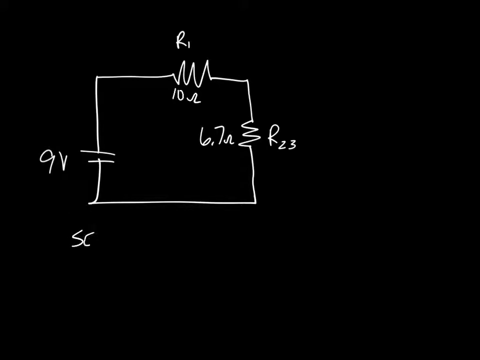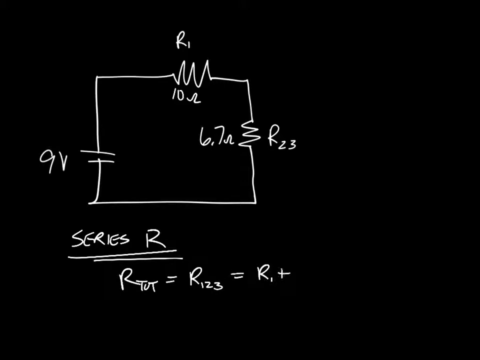And series resistance is just going to be the total resistance, which we could call R123, which will be R1 plus R23. And so that's easy, 16.7 ohms. That's that omega symbol, Greek omega, sort of like an upside down horseshoe, or whichever direction a horseshoe's straight up is debatable, I guess.